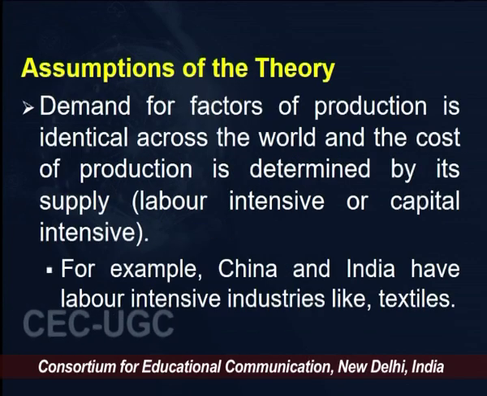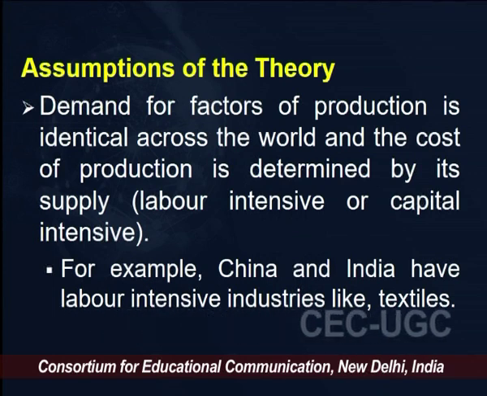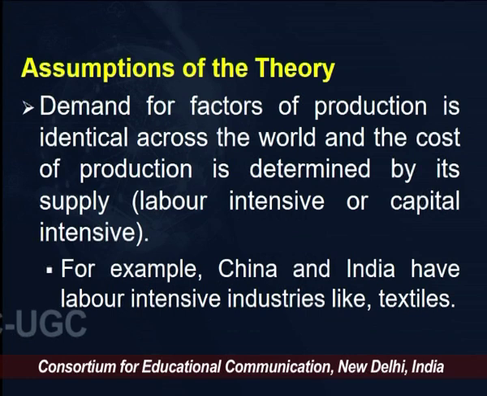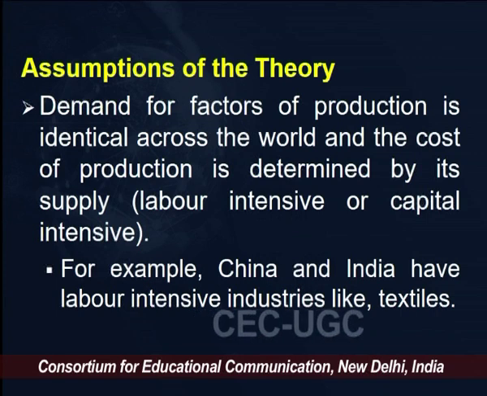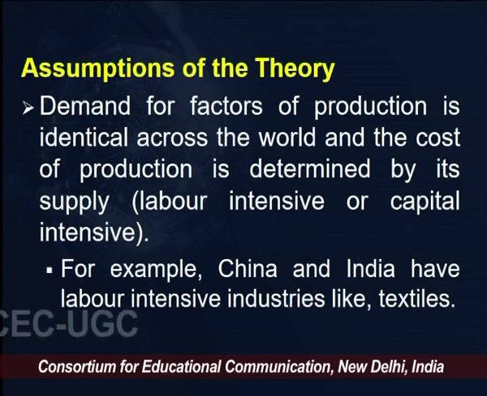Demand for factors of production is identical across the world, and the cost of production is determined by its supply. So, whether the technology used will be labor intensive or capital intensive will depend upon the resources available, or the country's endowments.